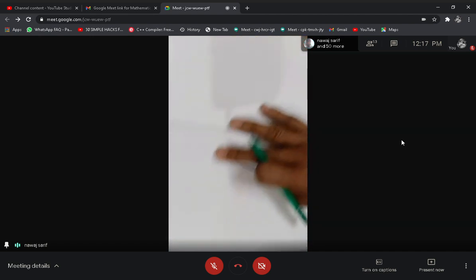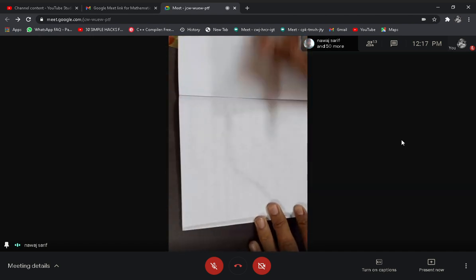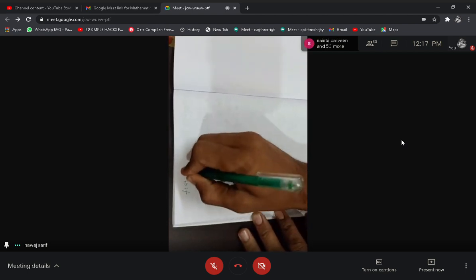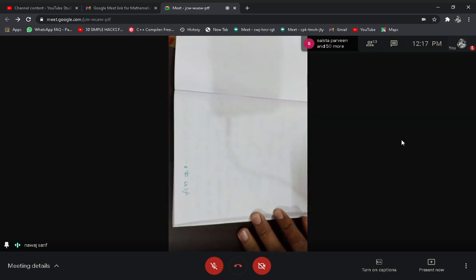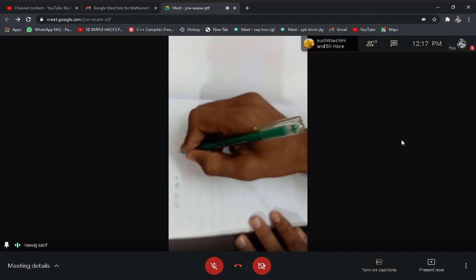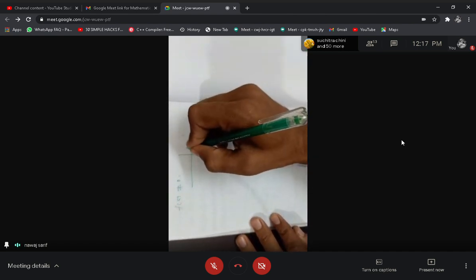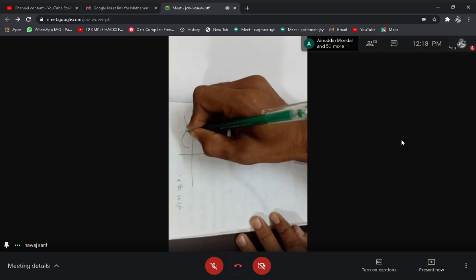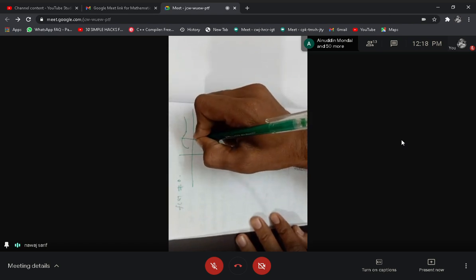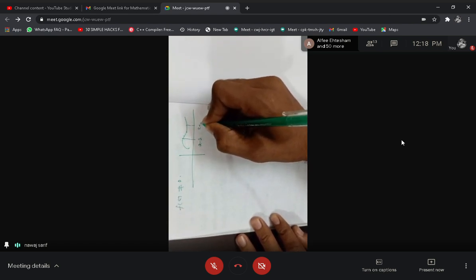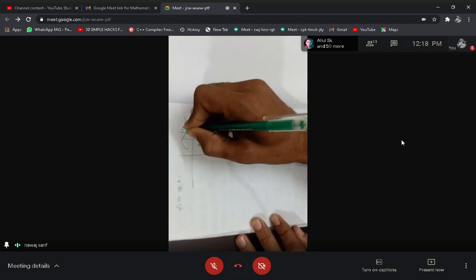Just see this in a graph. We have given that f(a) is non-zero, and in the graph, this is a minus delta and this point is a plus delta, and this is f(a).